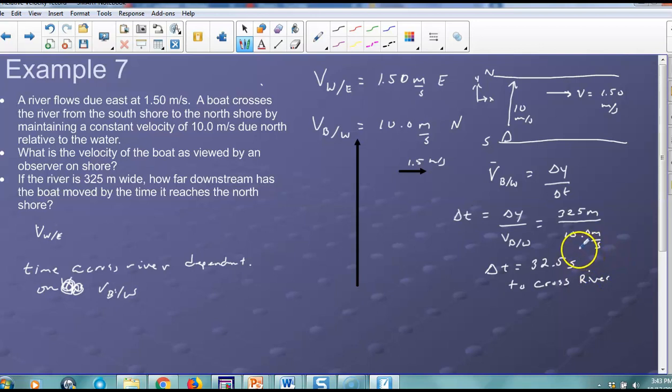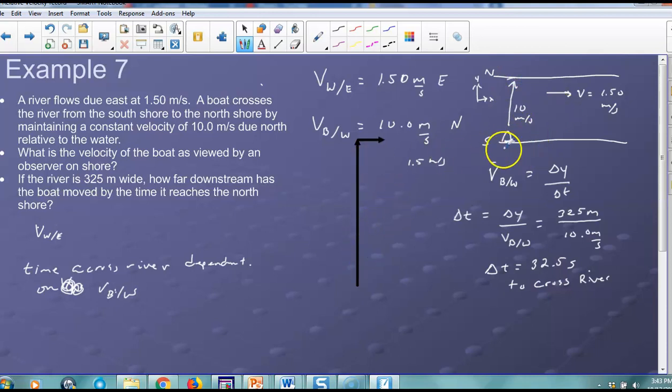So keep that in mind, that even though it's being swept down the river at the same time, the distance, or the displacement on the y-axis is going to be the same no matter what, because, assuming the banks stay parallel to one another, from here to here is going to be 325 meters.